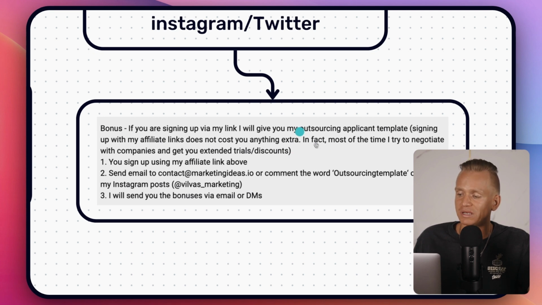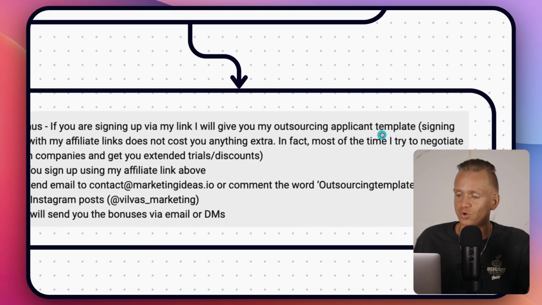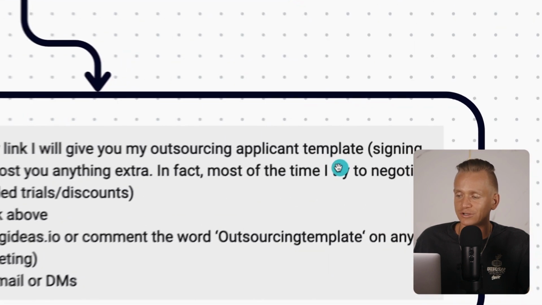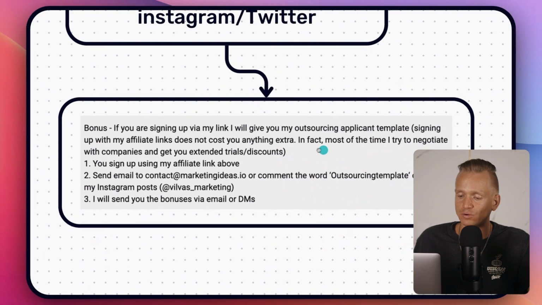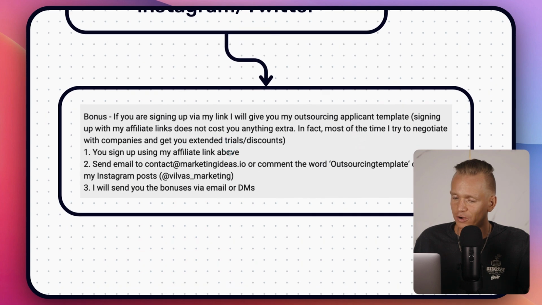So in here, this was for outsourcing. If you want to hire a virtual assistant or whatever, basically I give out my, let me see, the screenshot might not be updated, but oh no, here we go.